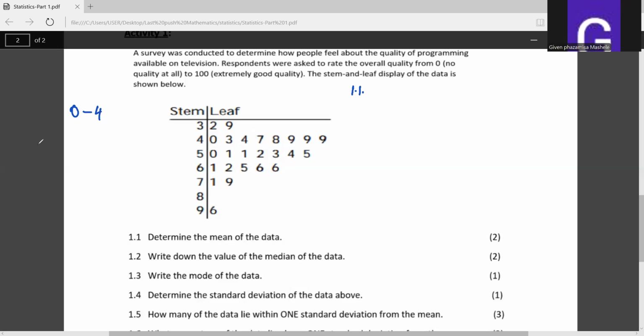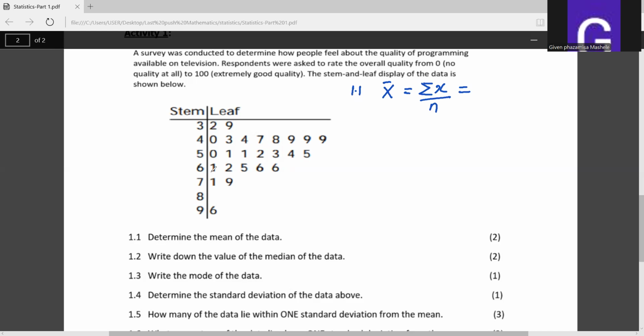The first question says, calculate the mean of the data. We know in statistics that when we calculate the mean of ungrouped data, we use the following formula. The mean, x bar, equals the sum of all observations divided by the number of observations. So we have to add all these numbers and divide by the total number of observations.